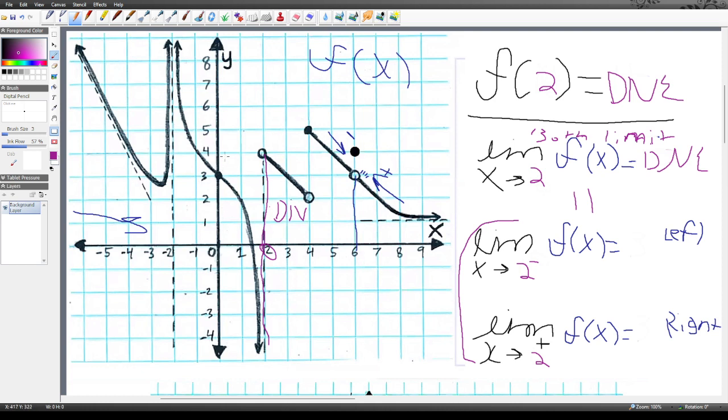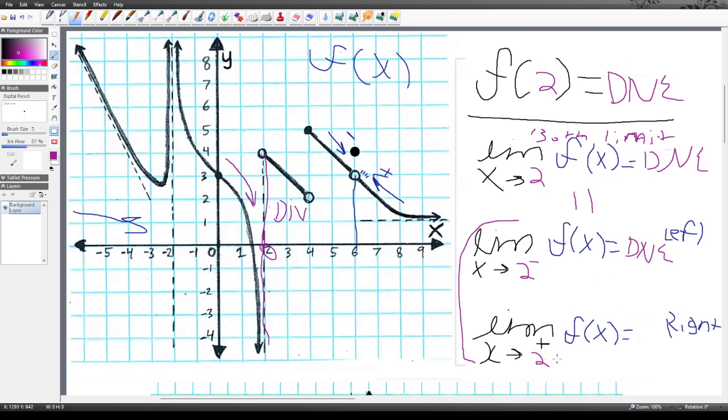This signifies that it's going like this. So we can say it's going to negative infinity or does not exist or unbounded. Either or should work, depends on your teacher, of course. And this would be does not exist or negative infinity.